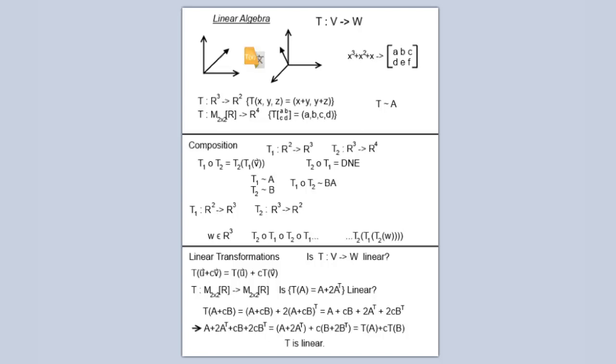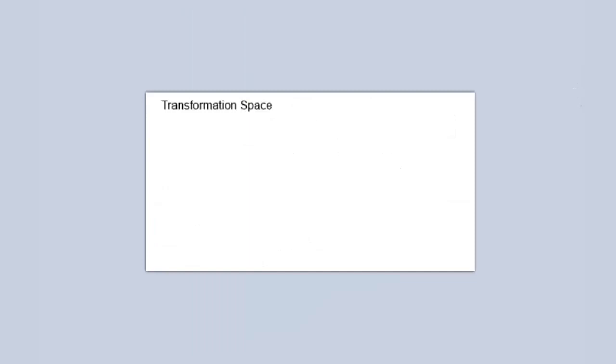Since transformations can show linearity, it's not too far of a jump to create a vector space of transformations. These are very large and do not have a very specific formula, so they are denoted L of V, W, where L is the space of all transformations from V to W. These are subspaces of M m by n R because of the association of matrices, and the dimension of them is given by the product of the dimensions being translated.